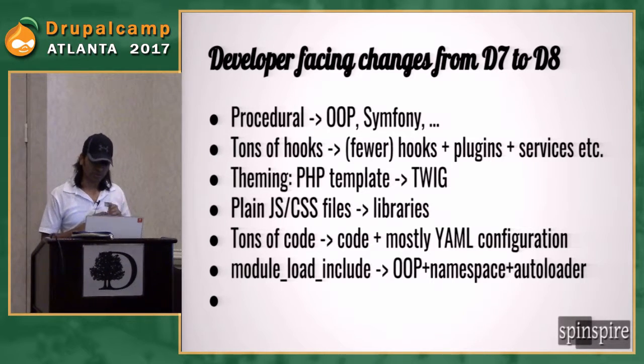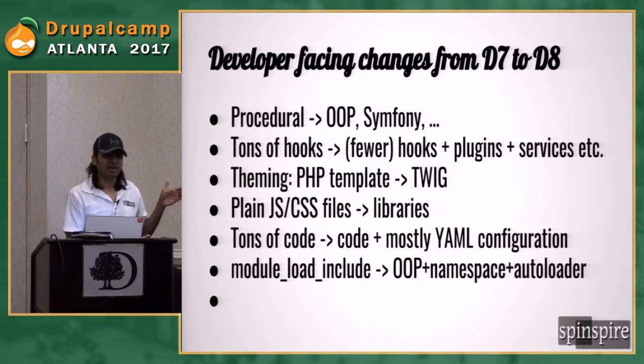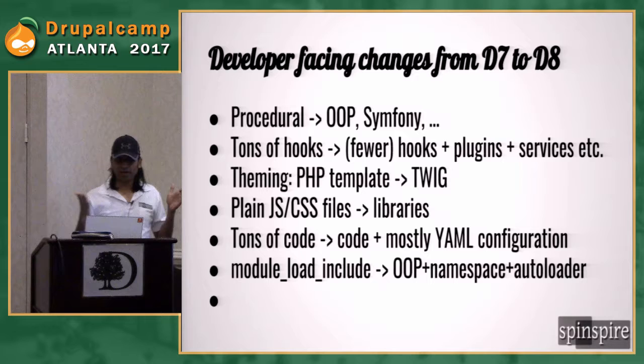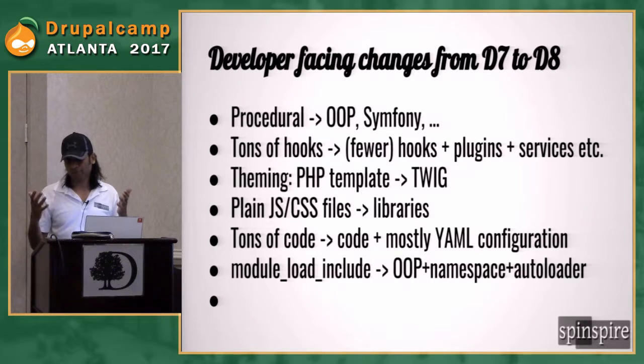That's hooks. Plugins: if you have ever written a block in Drupal 7, then you realize you have to implement hook block info, hook block view, hook block configure, hook block insert, hook block delete. So what is that? That's a family of related hooks, different hooks dealing with different aspects of the same thing, which is a block, right?